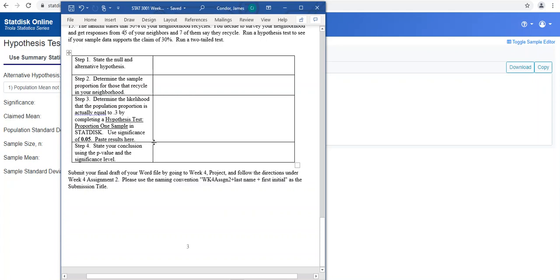Everybody's got to follow the same standard, so everybody's on the same page. And that's what we're doing, is talking about the standard. No matter what statistics course you take, what statistics you're involved in, this hypothesis testing is the standard. Okay, so now we want to complete a hypothesis test proportion one sample at the 5% level.